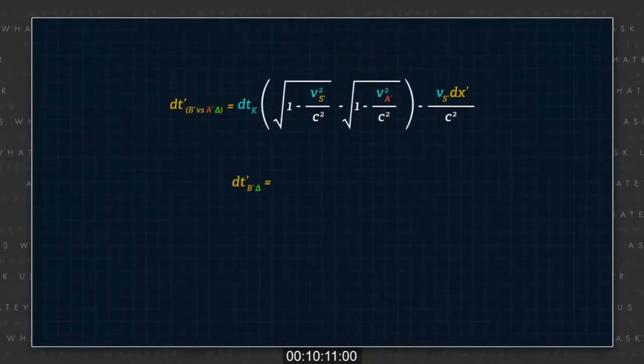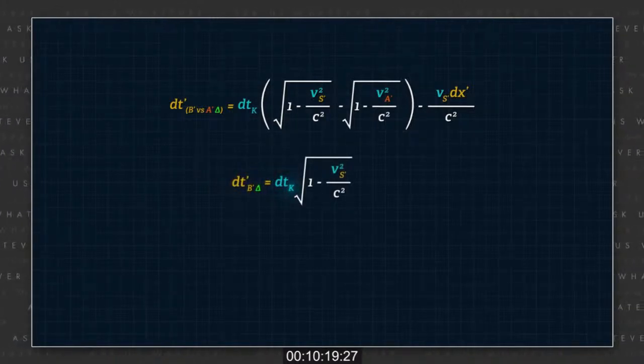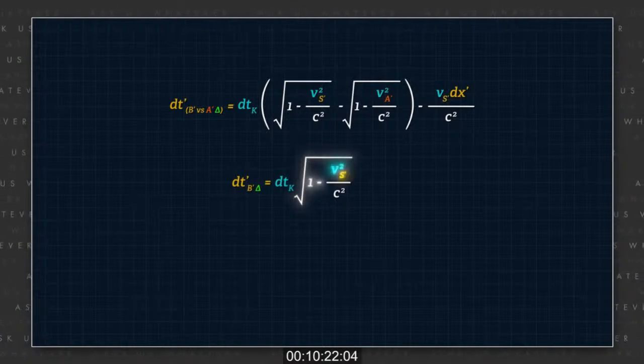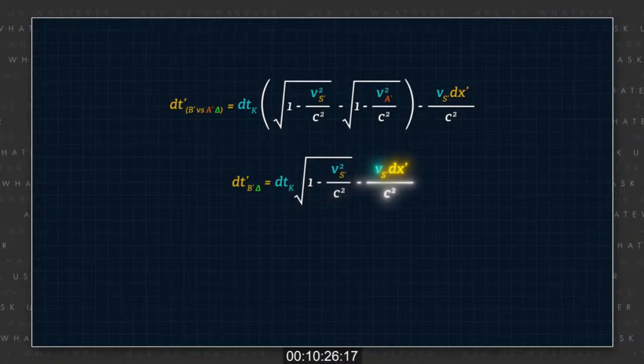First, we note that the Lorentz time transform for elapsed time on clock B prime can be written as dt sub K, measured on a system K clock, times the square root of 1 minus v sub S prime squared over c squared, minus the clock offset term.